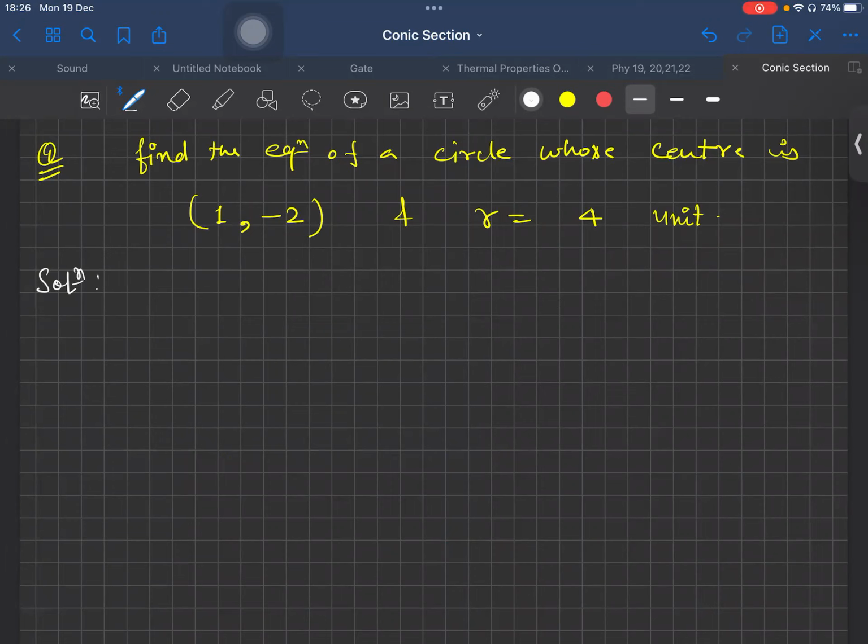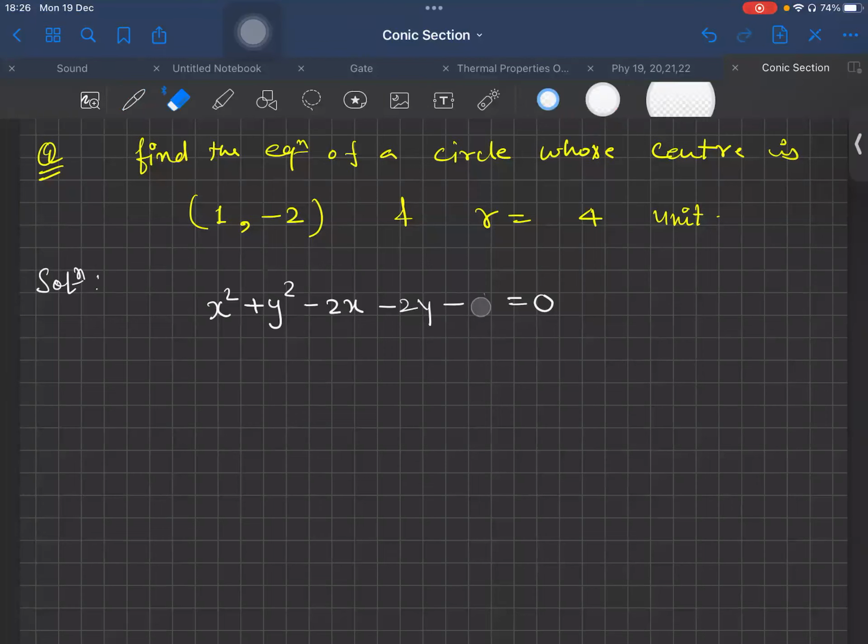Okay, so x square plus y square minus 2x minus 2y minus 11 is equal to 0. Is it correct? Anyone want to rectify this? Sir, minus 9, sir. Minus 9, okay.